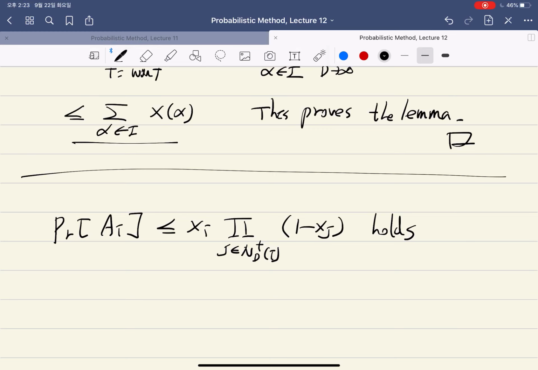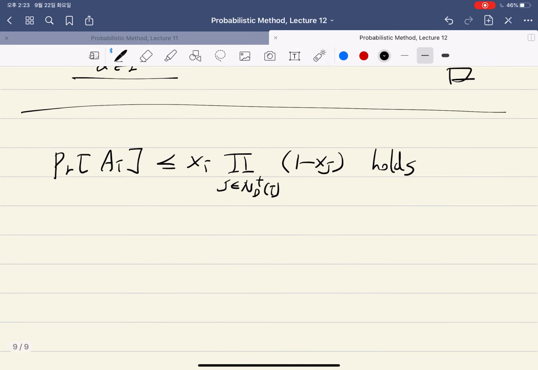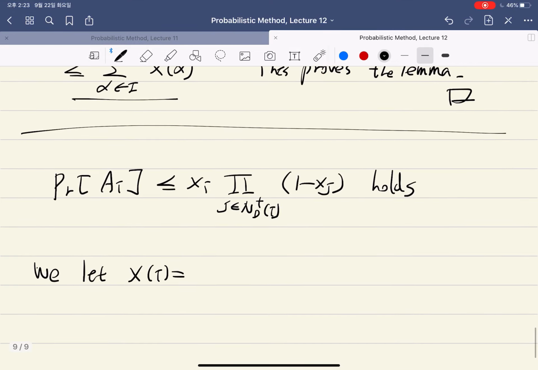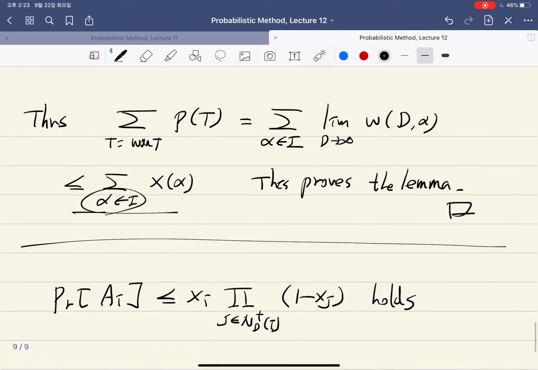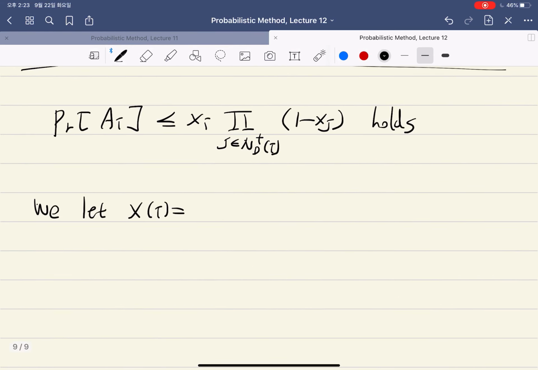This holds, so that's our assumption in the local lemma. Then we let x of I, so this I plays the role of alpha here, be xi for all indices I. Then what do we know?